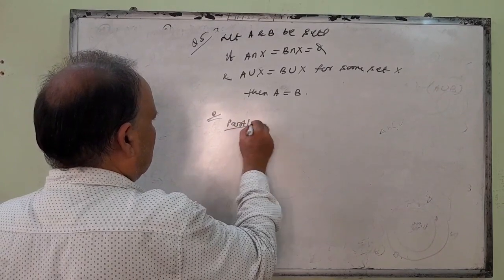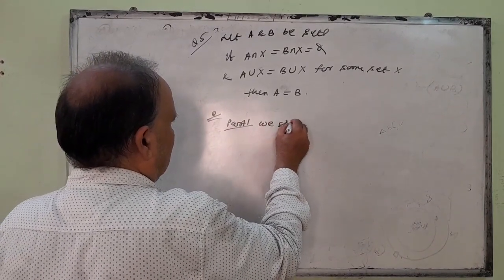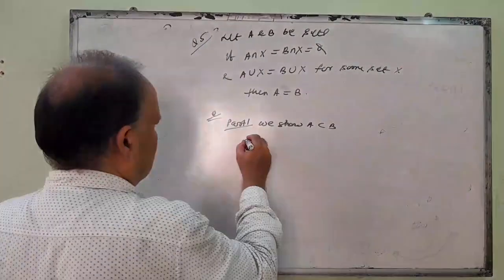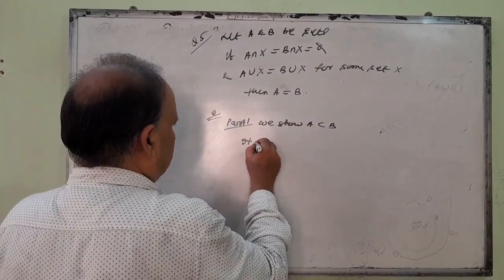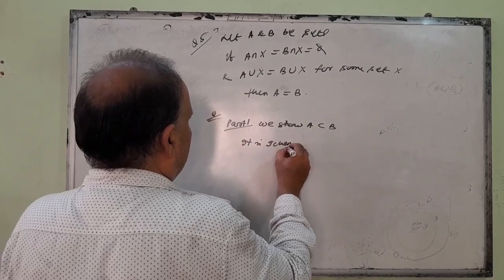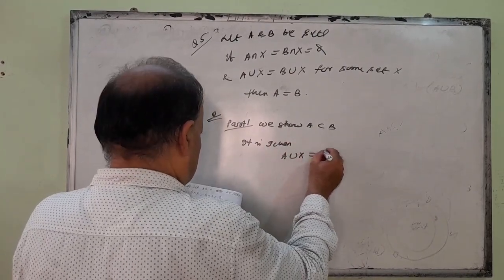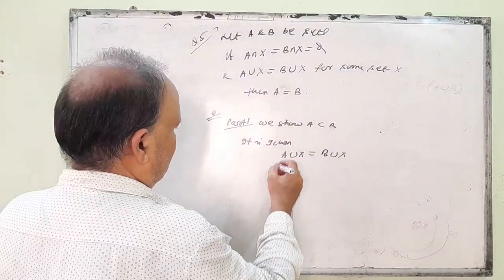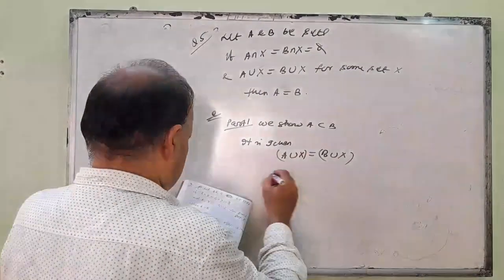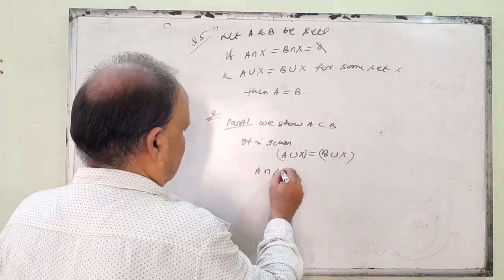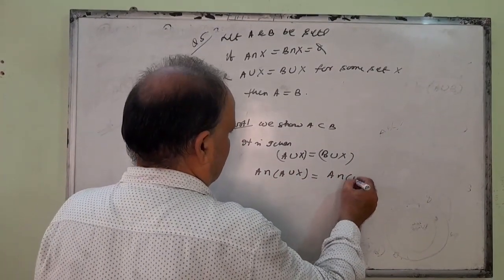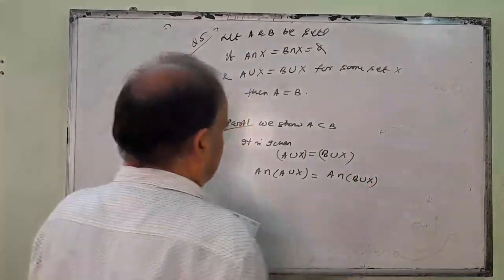First you see part 1. We show A is a subset of B. How? It is given A union X is equal to B union X. You take intersection with A on both sides: A intersection (A union X) is equal to A intersection (B union X).